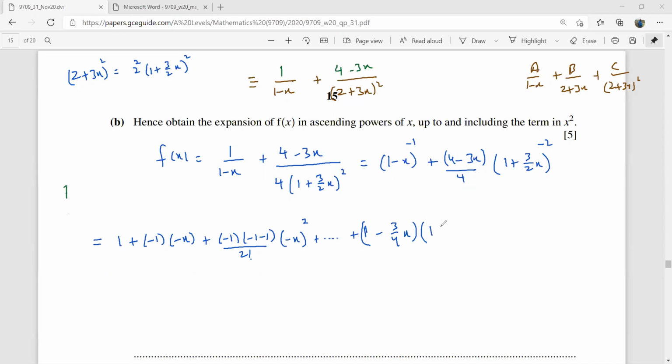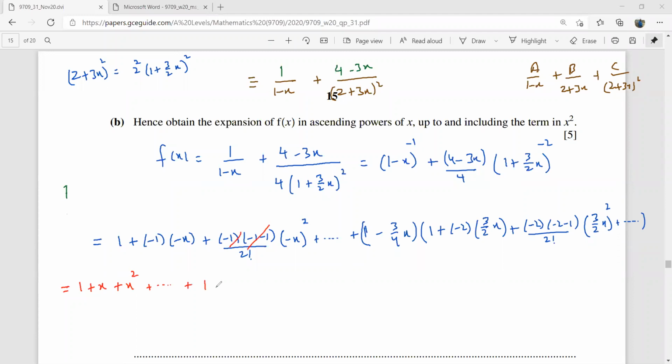Now this is 1 plus n into x plus n into n minus 1 over 2 factorial into this x square and dots here. Okay? So now we have equals 1 plus x. Now all of this is cancelled, so you have plus x squared.